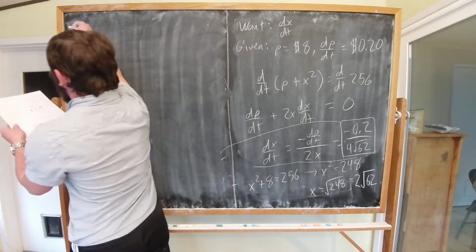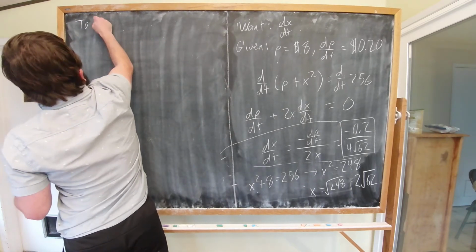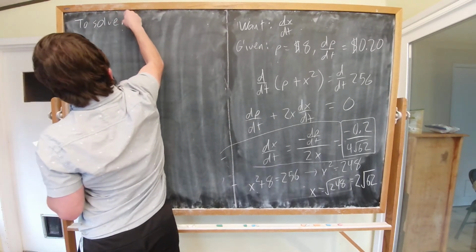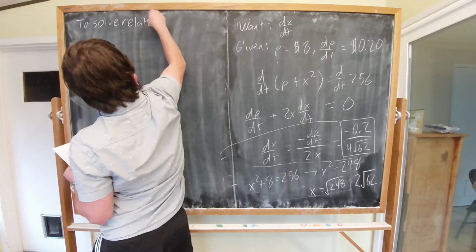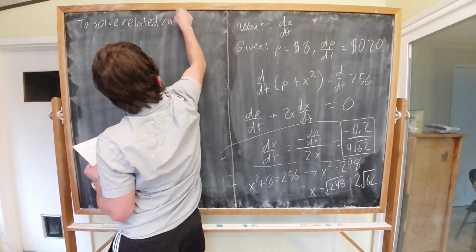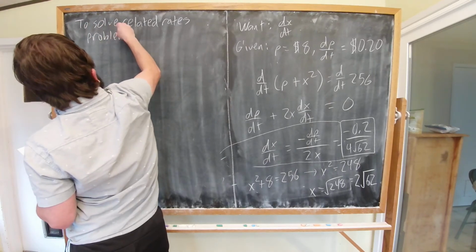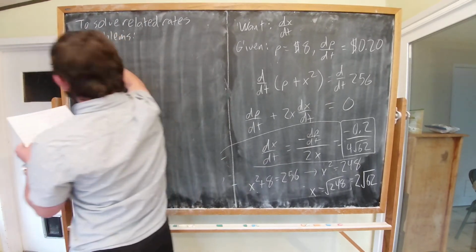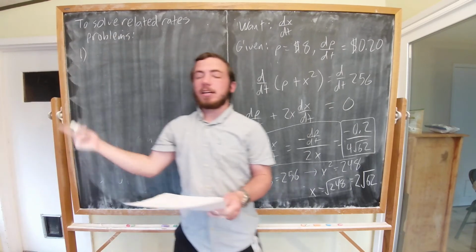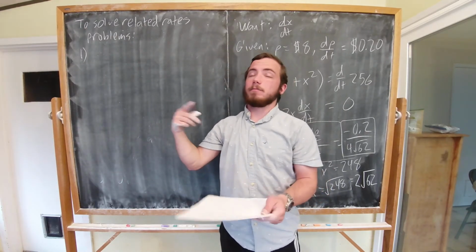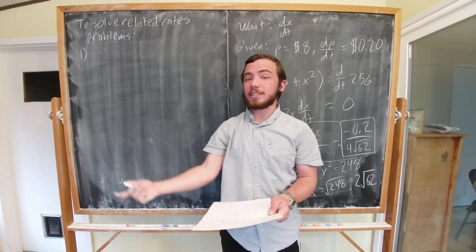I'll write it out so you can too. To solve related rates problems, you're going to assign a variable to each quantity.